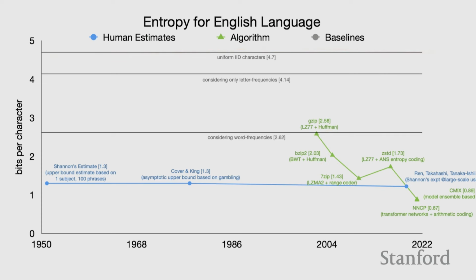If you assume some word level modeling, then it gets lower. And last time we saw some estimate by Shannon where he did a human experiment to try to estimate the entropy rate of English. And as you see on the far right side, we have actually beaten that now. With these CMIX and NNCP models, we are doing better than Shannon's estimate of the entropy rate. So we've really come very far in compressing text.